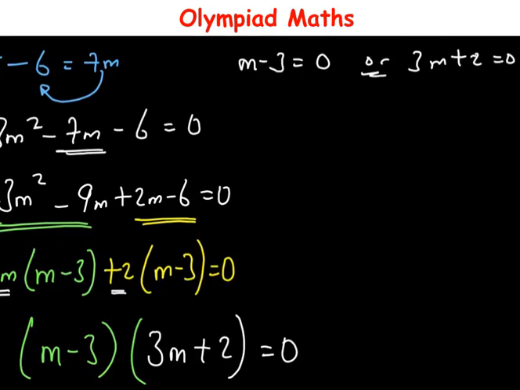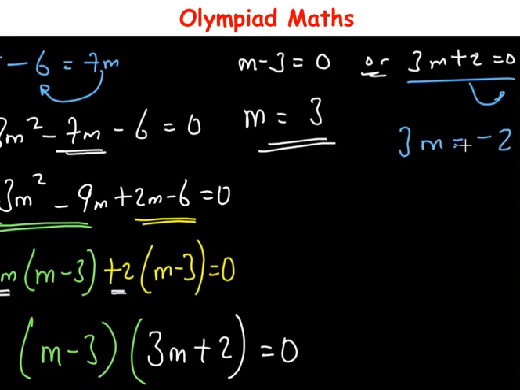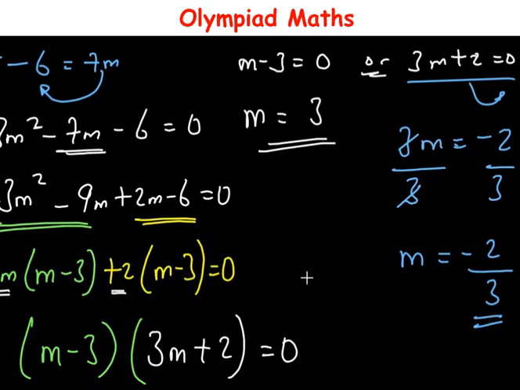From here, the value of m is equal to plus 3. For the other linear equation, move plus 2 over to this side: 3m is equal to minus 2. To solve for m, divide by 3 over 3, 3 cancels 3, and m is equal to minus 2/3. So we have the two values of m: m equals 3 and m equals minus 2/3.